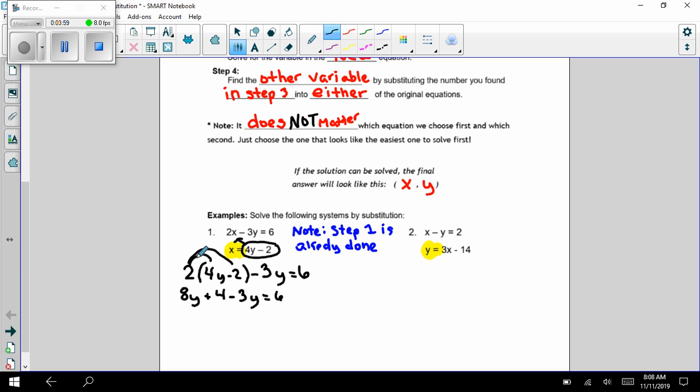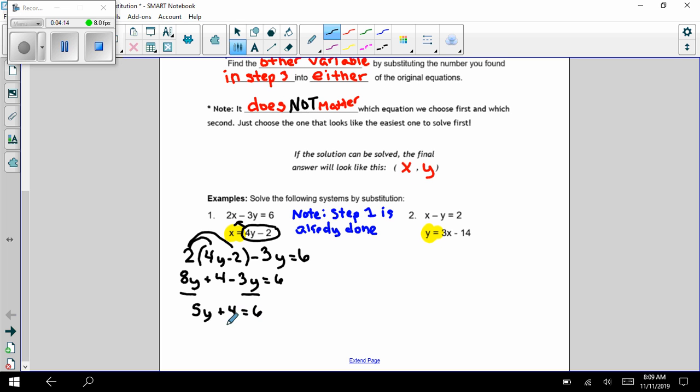After we distribute by multiplying, we now have to combine like terms. So I underline my like terms on the left. 8y take away 3y is 5y. Bring down everything else I haven't used yet. Now we're at a 2-step equation. Do the opposite or inverse operation of add 4. Should we subtract? I bring down everything else.